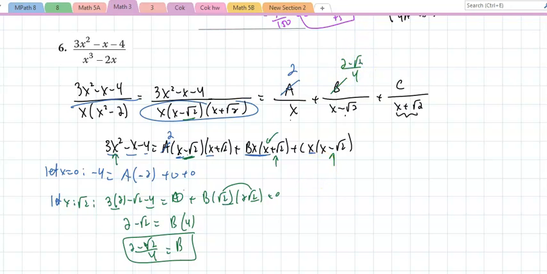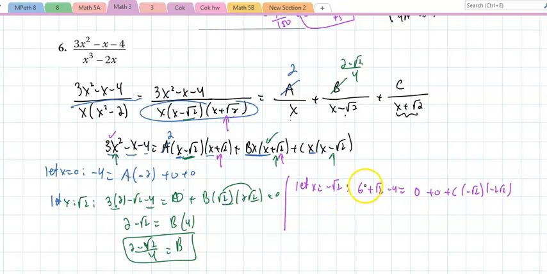And to find c, all we have to do is choose the last value. We let x equal negative radical 2. That's what makes that 0. And what do we get? 3 times 2, which is 6, minus a negative is plus radical 2 minus 4 equals a 0, because negative radical 2 there, a 0, plus c times negative radical 2 times negative 2 radical 2.